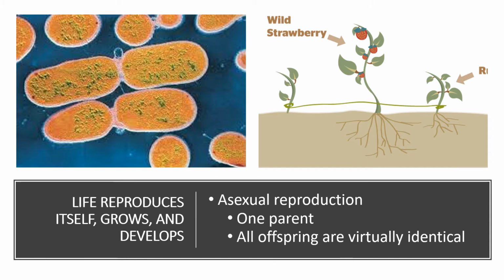Another example would be fungi. So fungi reproduce countless asexual spores, visible as the green, white, or black powder on moldy bread or cheese. Some animals, including sponges, reproduce asexually when a fragment of the parent animal detaches and develops into a new individual.